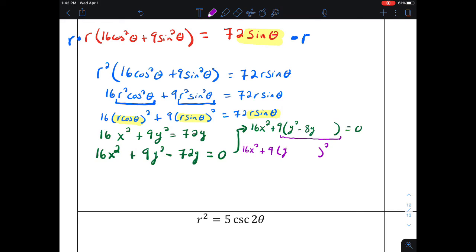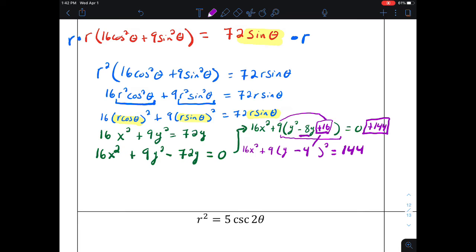You take the number in front of the y to the 1 power, half of it, so that makes minus 4. I'd square that number and put it back up here, so I square -4 and that makes positive 16. My adjustment on the right-hand side is not going to be 16, because it's going to be 16 times 9, which is 144. So I put 144 on the right-hand side.